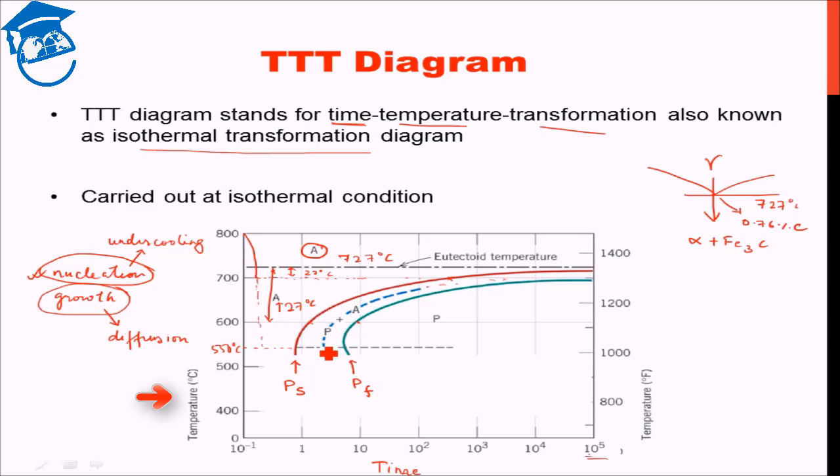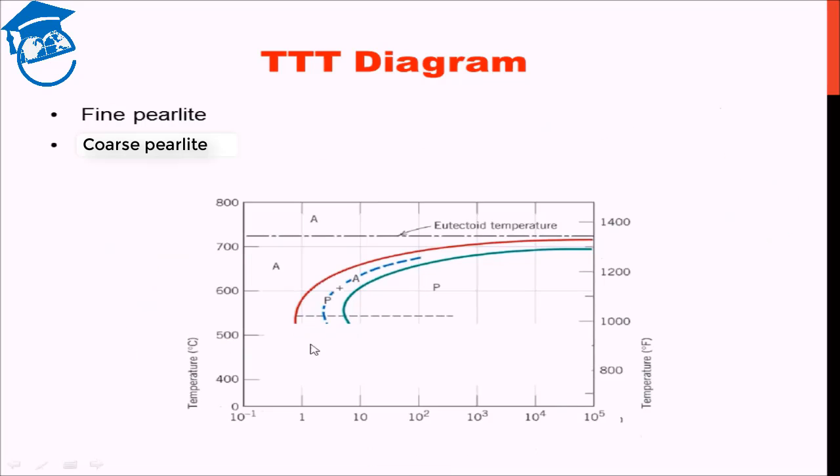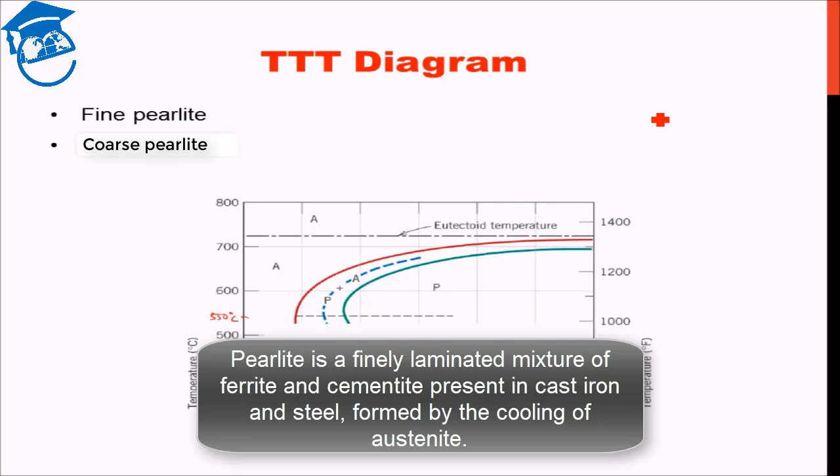Okay, with this background, let us see something more now. I just discussed that we have pearlite formation up till around 550 degrees Celsius, right? But there are actually two types of pearlite. If you remember from previous lectures, pearlite is basically a lamellar structure with alternating layers of ferrite and cementite. So you have ferrite and you have cementite.